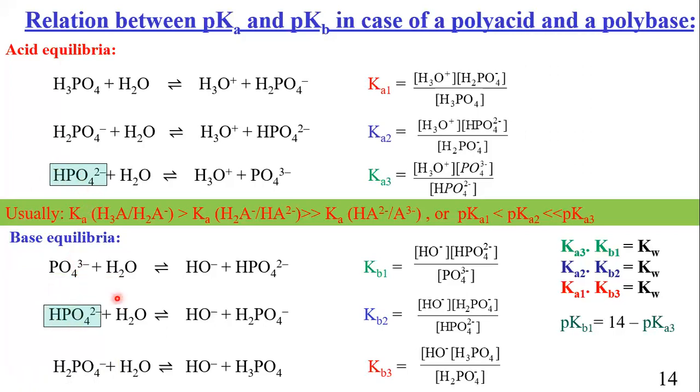At one point, because it has a negative charge, it can act as a base, pick up a proton from water, but it also has an acidic hydrogen, which can donate to water, and it's acting as an acid. So this is an amphoteric substance. H2PO4 is also another amphoteric substance. It also has a negative charge, so it can act as a base. But wait a minute, it has 2 protons, which can be donated, and it can act.